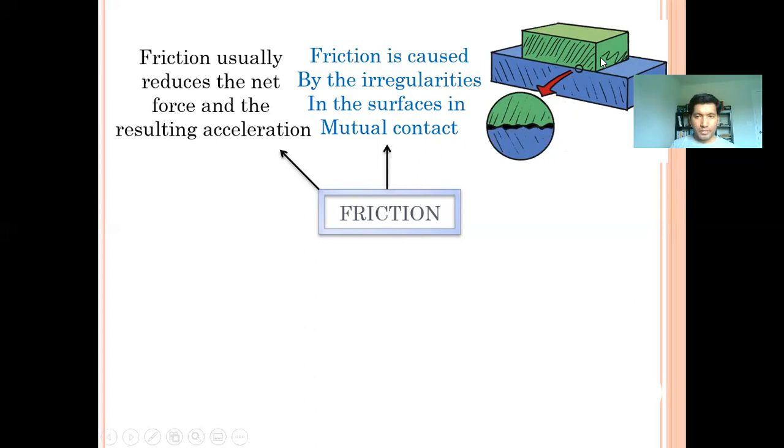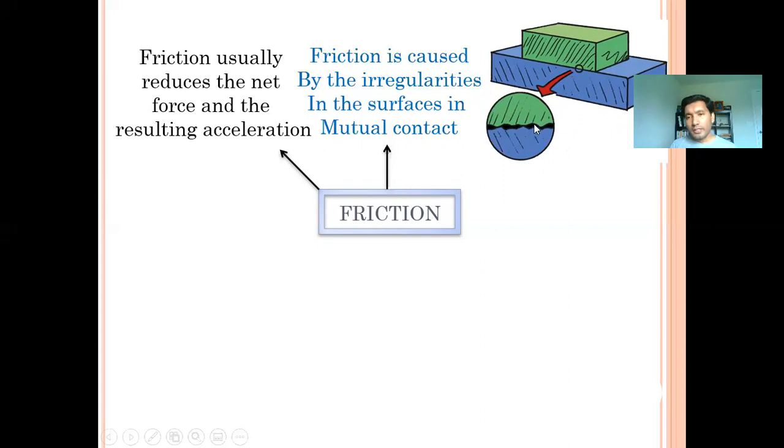So when you put one object on top of another, what will happen? There will be a lock, right? Lock like this. This is the magnified image of this surface, the interface of this object and this object, right here, right?